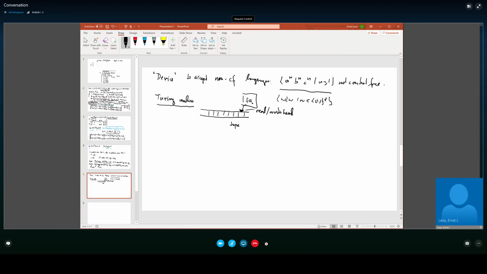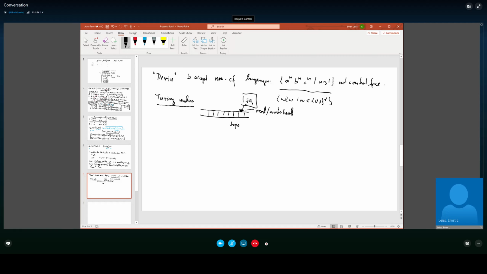Determine what state you're in in the finite automaton, read the content of the cell that the read-write head is looking at, and on the basis of that state and content of that cell, change the content of that cell, change the state, and move either to the left or to the right of the cell, which then allows you to start the whole process again.